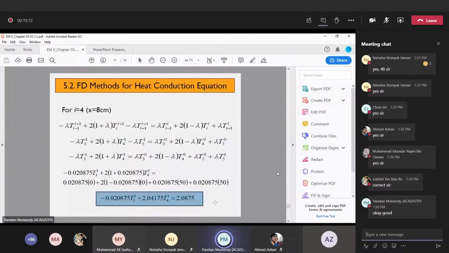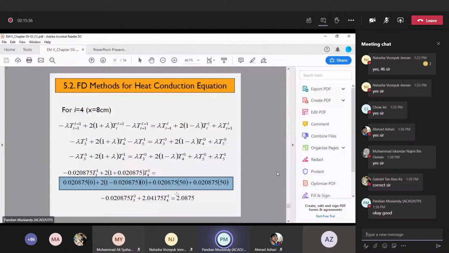Minus 0.020875 T3 plus this one, the 1 plus 0.020875, you can simplify. You get 2.04175 T4 equals to this whole thing. You simplify, you get 2.0875. So this is the fourth equation.